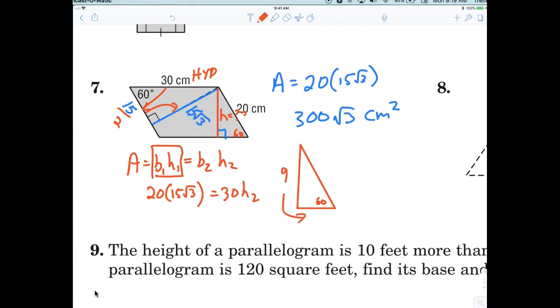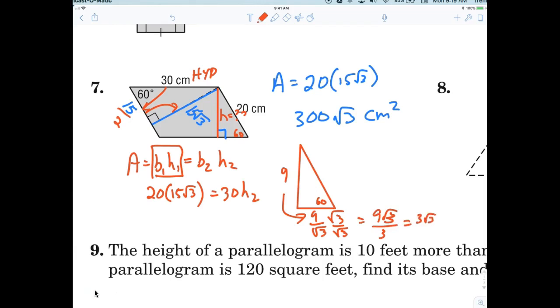So to get to the shorter side, I know I'm going to have to divide. Well, a radical 3 is involved, so I have to divide by radical 3. So this is 9 divided by radical 3. But then again, the mathematicians got together and said no radicals in the denominator, for whatever reason. So now you have to multiply both sides by square root of 3, which is 9 radical 3 over 3, which is 3 radical 3.